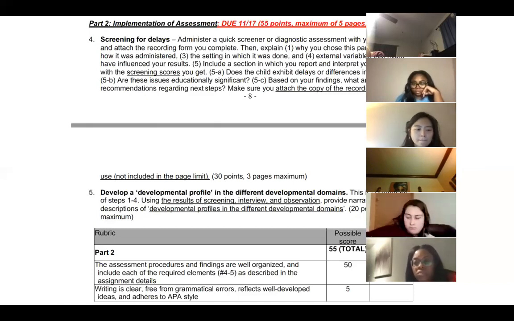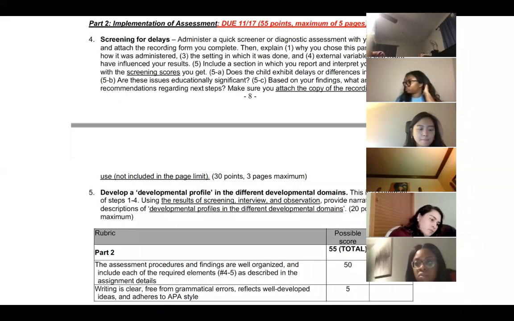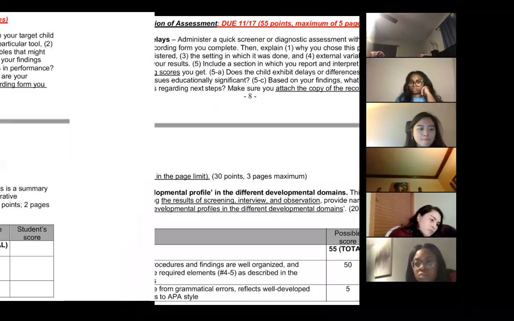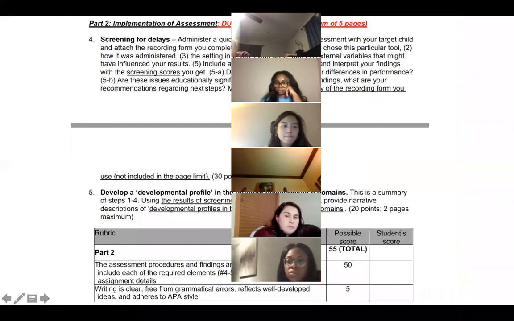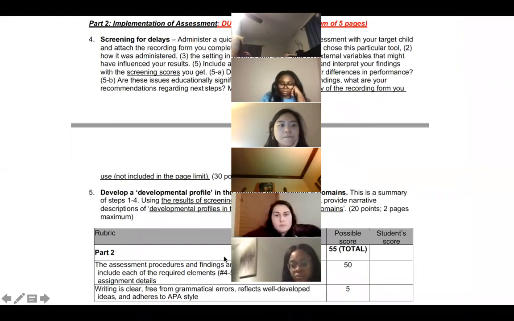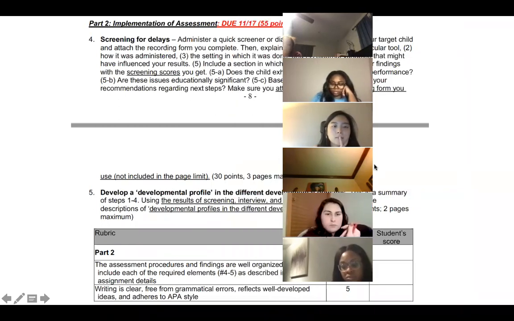That is the developmental profile, the example we learned at the very beginning of the semester. I understand you don't remember because it was so long ago, but another sample is also on Blackboard. You can download and take a look. So that's a developmental profile you can attach.